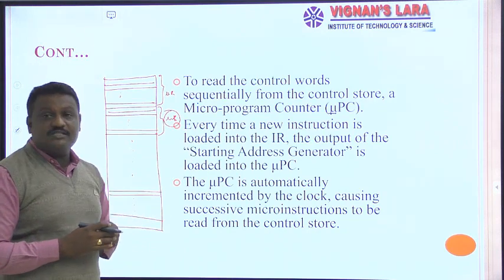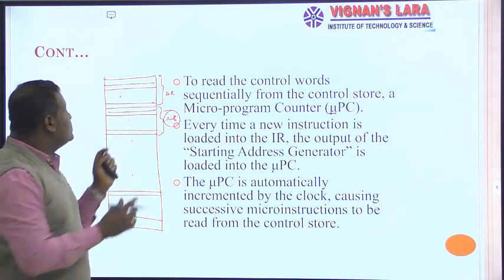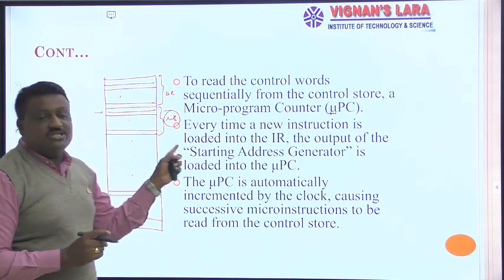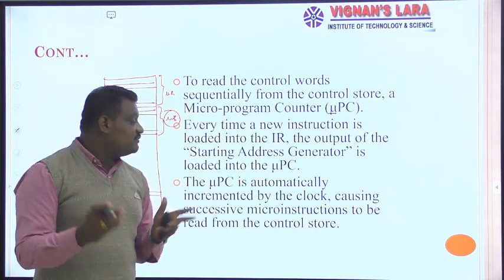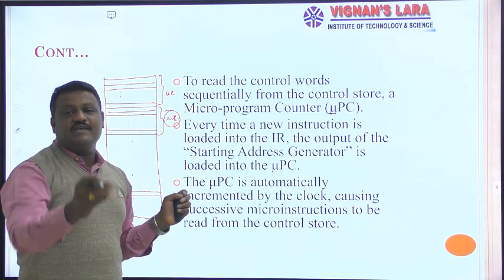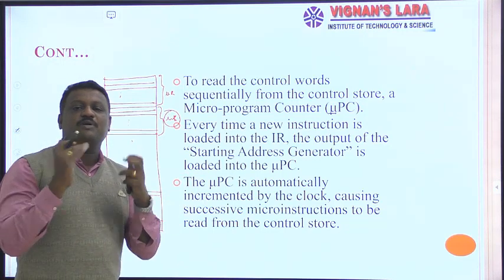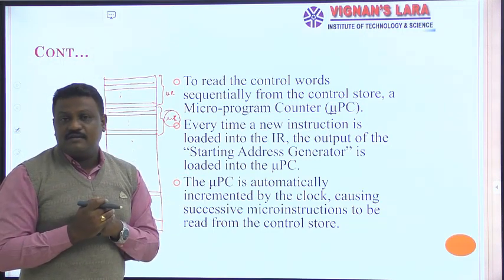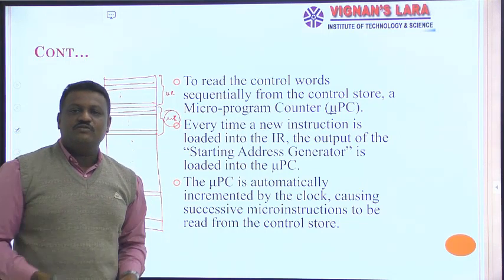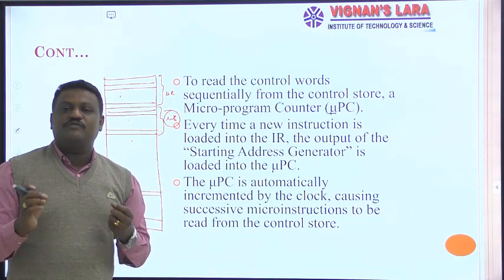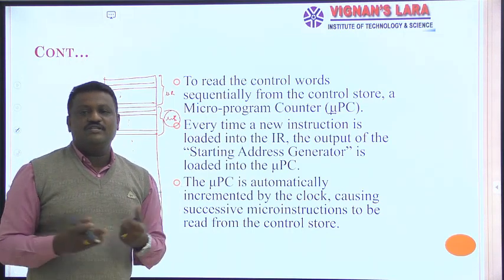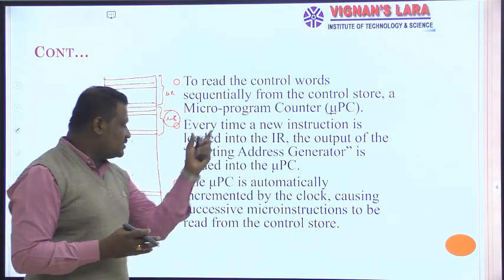That new micro routine's starting address must be generated by the starting address generator, and it is given to MUPC, the micro program counter. It is loaded with that, then it will generate an address to our control storage. Later I get the corresponding control word from that control storage, which will generate control signals for me. That's the sequence.